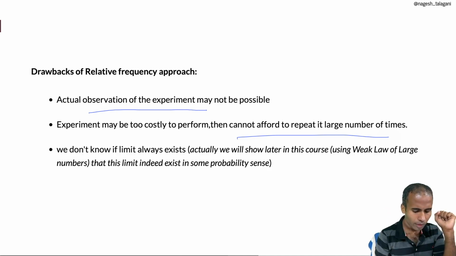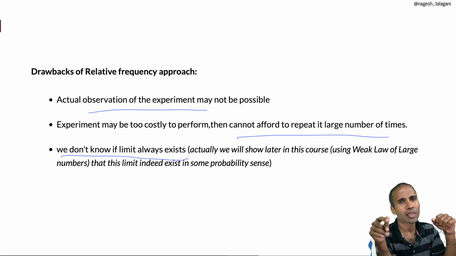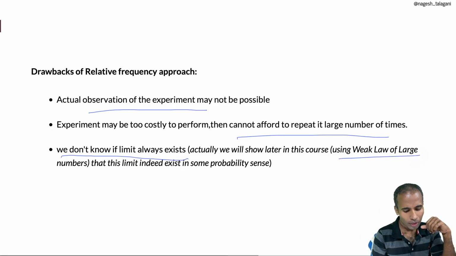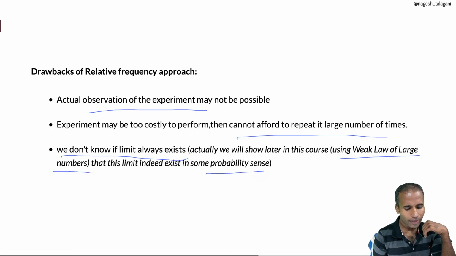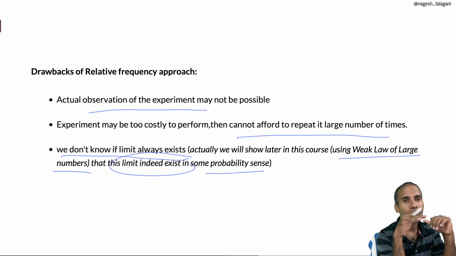And we don't know if the limit always exists. We feel that the relative frequency curve stabilizes, but there is no mathematical proof that the sequence always converges. Later, using something called the weak law of large numbers, we will be able to show that in a probability sense, this limit indeed exists. We don't know yet, but later we will show that this relative frequency approach actually makes sense.